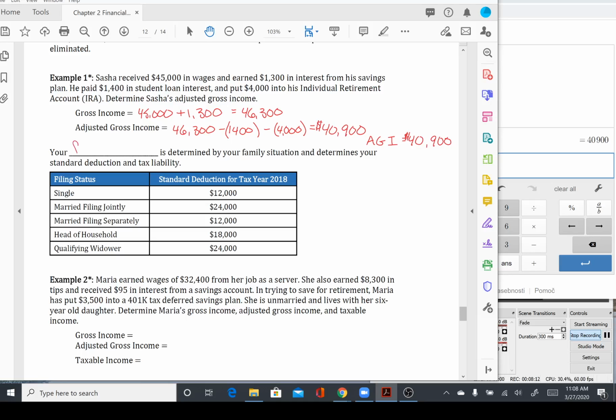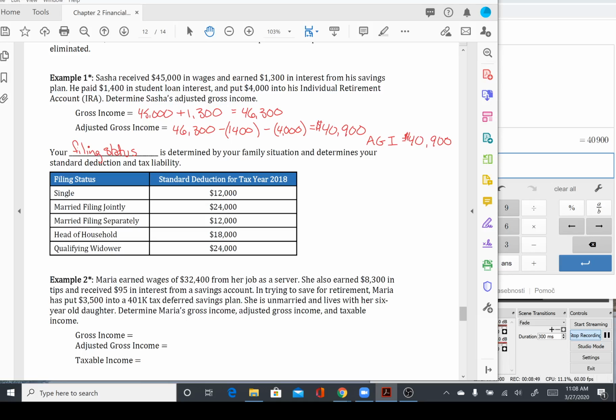Your filing status is determined by your family situation and determines your standard deduction and your tax liability. In this situation, you choose whichever one works best for you. If you are single, meaning that you're not married, you can take $12,000 as your standard deduction.